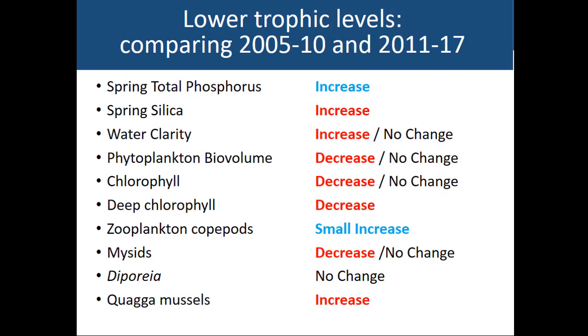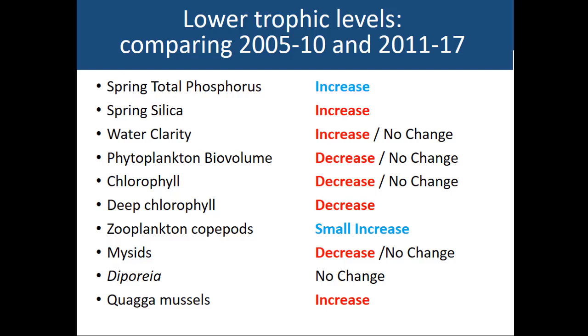Now I want to go this way. But if you just look at the last two time periods, so 2005 to 2010 and 2011 to 2017, the picture is a little bit different. We do have an increase in total phosphorus, so it seems to be stabilizing some. Spring silica is increasing, so that shows less diatoms in the spring, but in the summer there is no change in water clarity, no further change in phytoplankton biovolume and no change in chlorophyll.